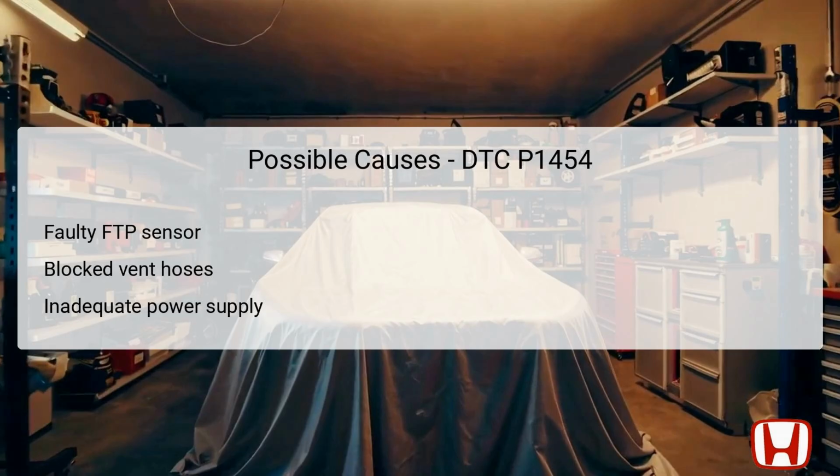Additionally, inadequate power supply to the FTP sensor can cause erratic behavior, contributing to the DTC. Each of these factors can impede the efficient operation of the evaporative emissions system, impacting both performance and regulatory compliance. Identifying these causes is the first step toward a successful resolution.